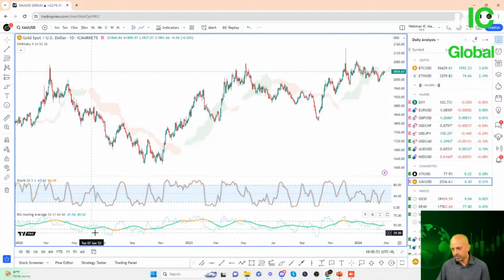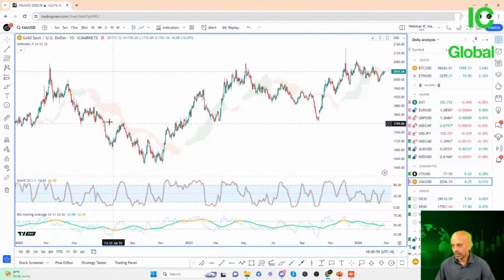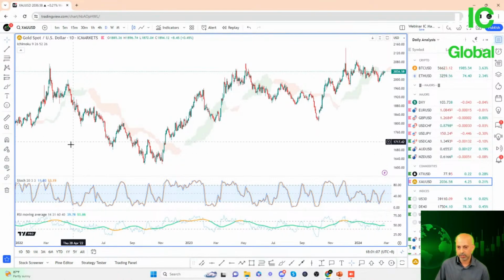Similarly, we have RSI as well, which tells us the relative strength of the instrument itself. So we are trying to combine the three indicators here, bullish Ichimoku cloud, stochastic oscillator, and the RSI moving average to help us identify potential swing trades, whether they're swing high trades, meaning bearish reversal trades, or bullish reversals.